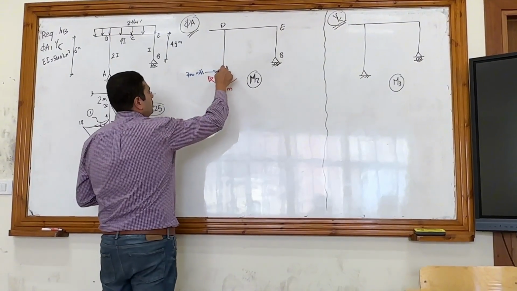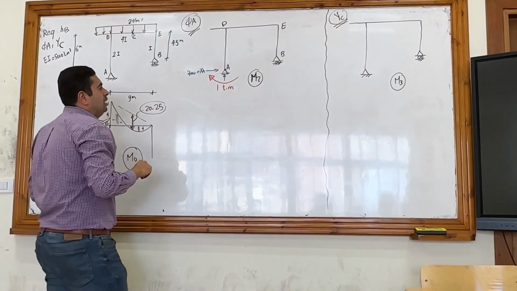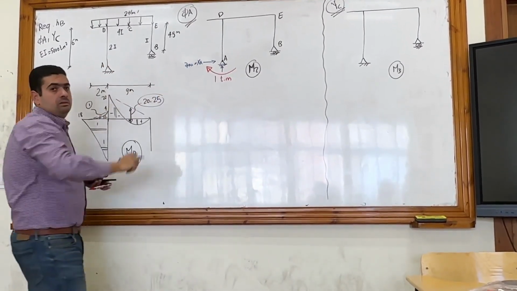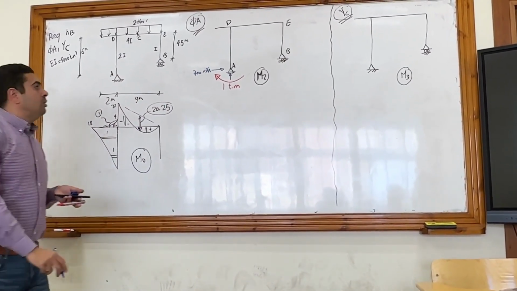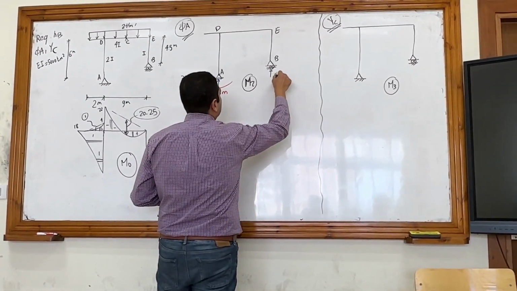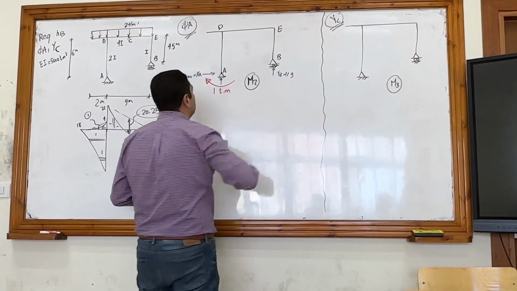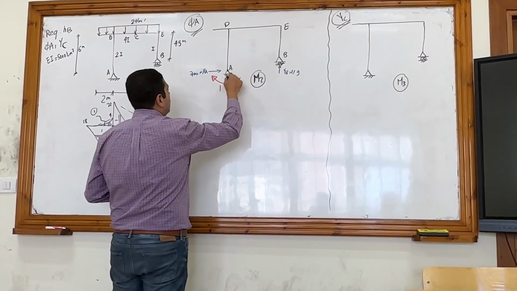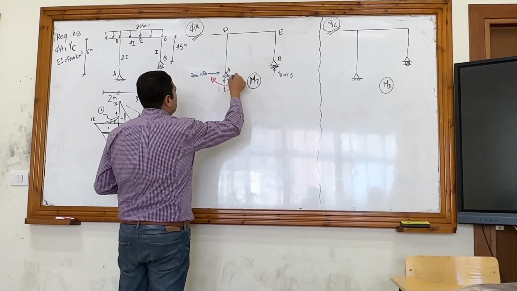Let's take moment at A. So YB times 9 minus the moment 1 equals 0. So the reaction here will be 1 over 9 upwards, and the other reaction will be 1 over 9 downwards.